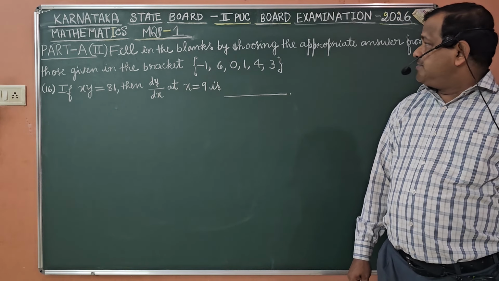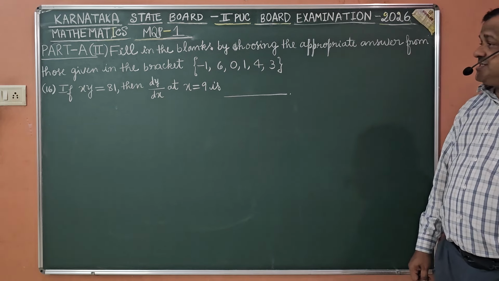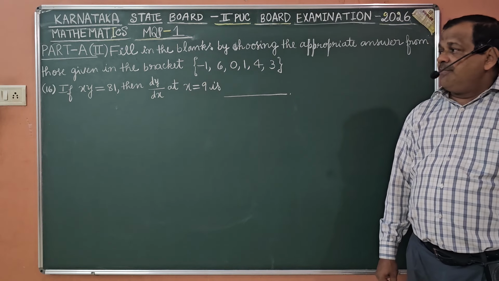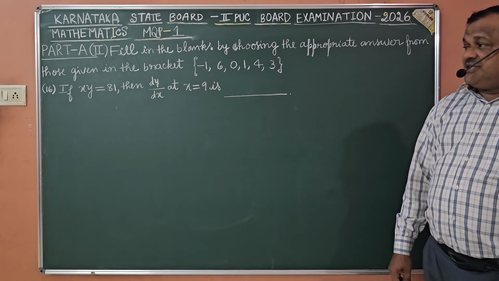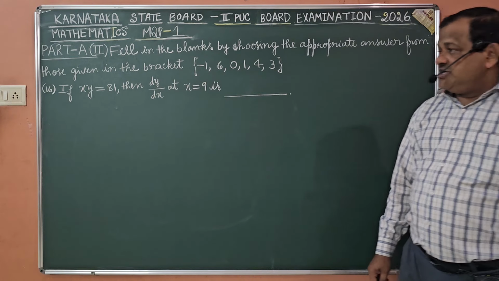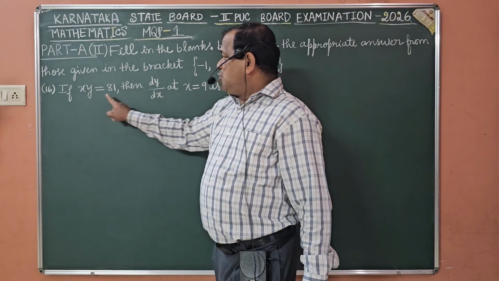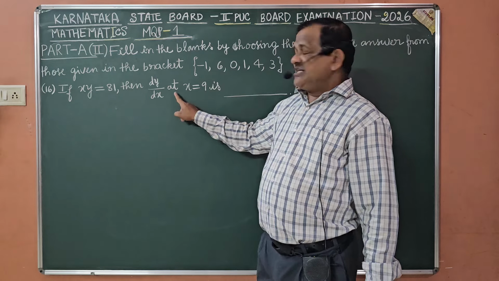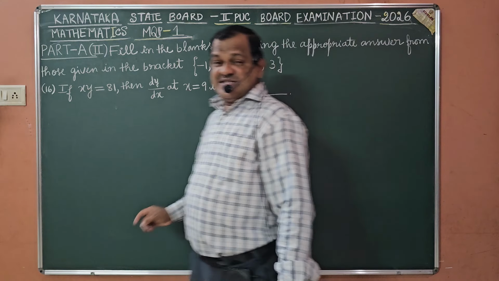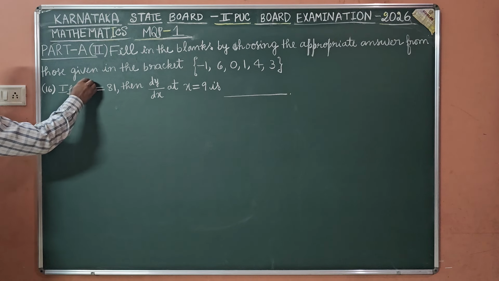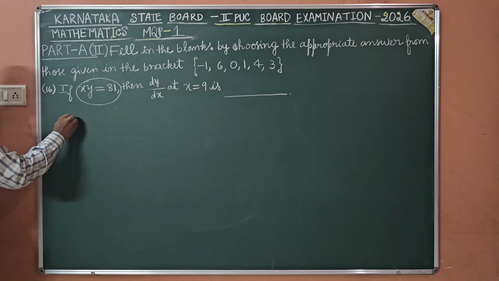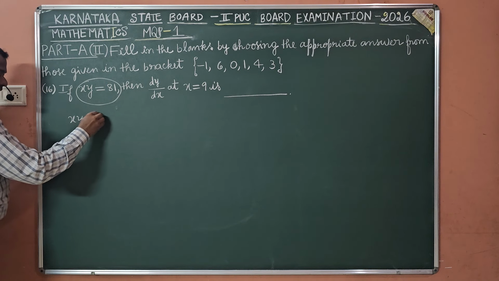Fill in the blanks by choosing the appropriate answer from those given in the bracket. Look at the 16th question. If x into y is equal to 81, then dy by dx at x equal to 9 is. I start from x into y is equal to 81.